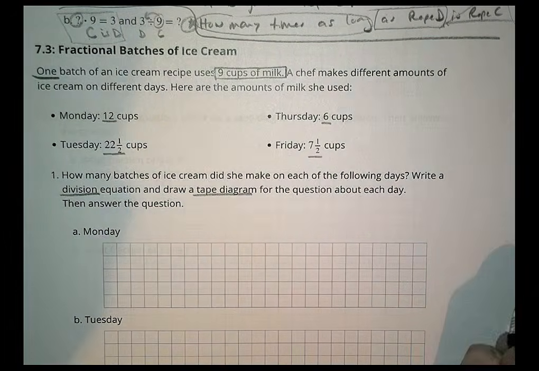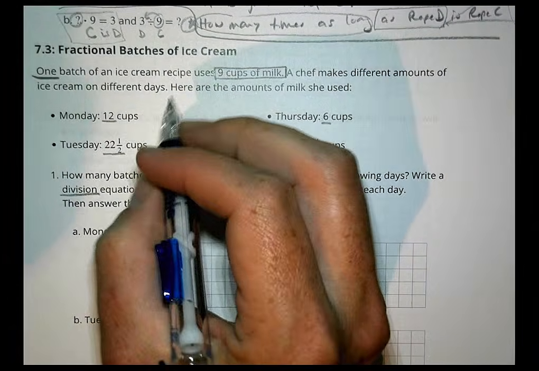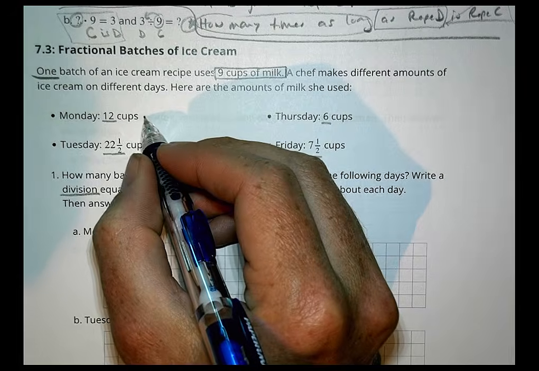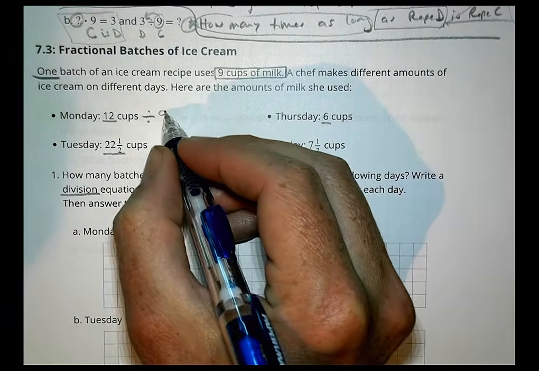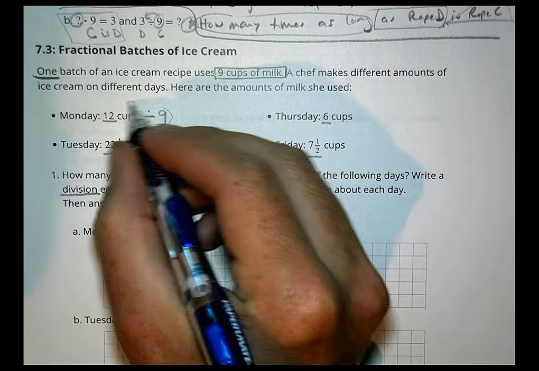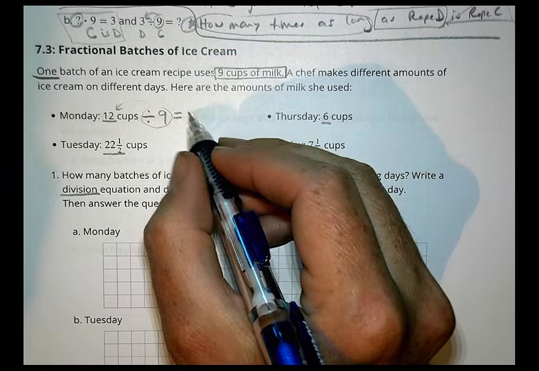Okay. So for each one, we're thinking about, for example, there are 12 cups on Monday. For Monday, we're going to be saying how many groups of 9 are in 12. That's going to tell me how many batches she actually made.